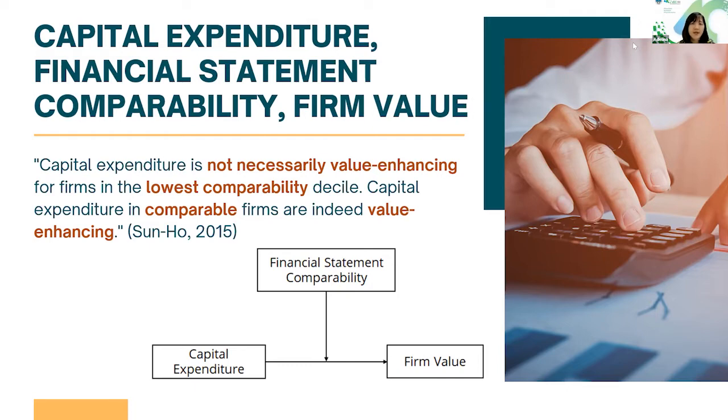On the other hand, capital expenditure in comparable firms is indeed value enhancing. So judging from this statement, we believe that the relationship between capital expenditure and firm value is moderated or influenced by financial statement comparability. So the more comparable the financial statements, the stronger the impact of capital expenditure on the firm value.